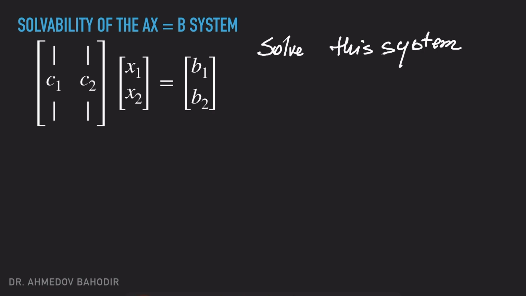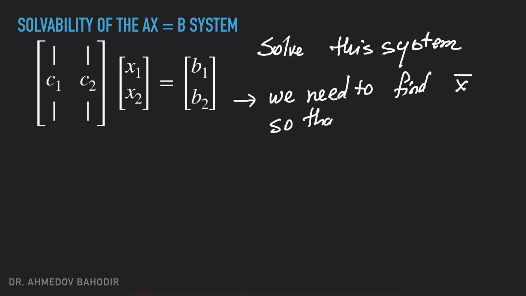So what you can understand is that we need to find an x bar so that A x bar is equal to b.